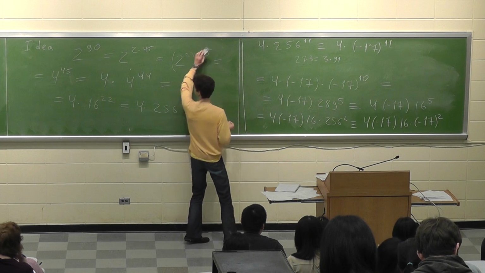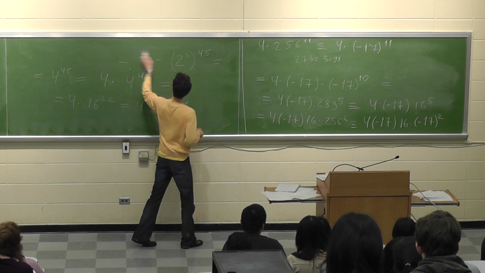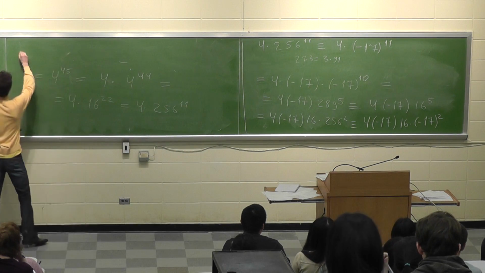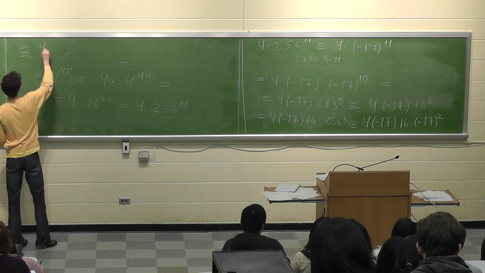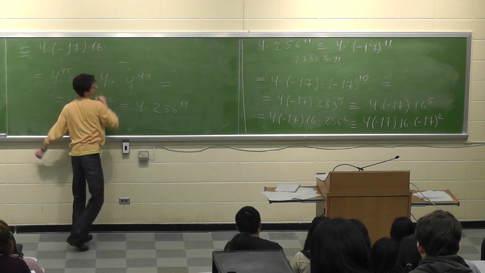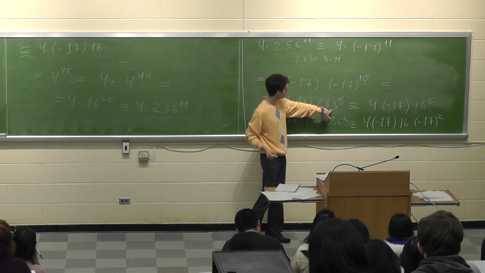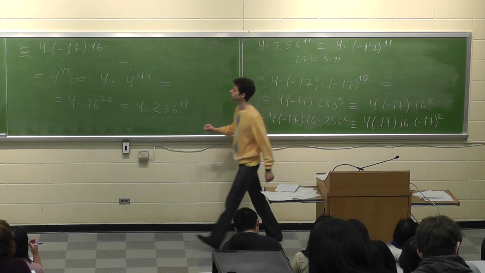Well, it is a long computation, but it is coming to the end. So finally, well, not finally yet, but almost. It's the same as 4 times negative 17 times 16 times, well, negative 17 squared we already computed: it's 289 modulo 91, plus 16.